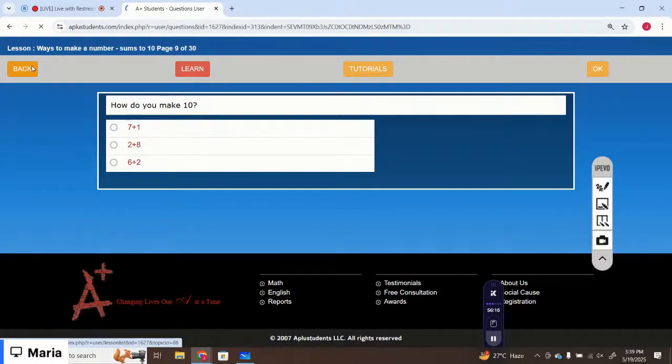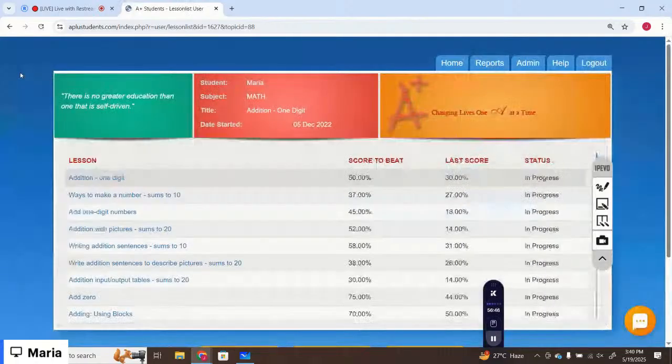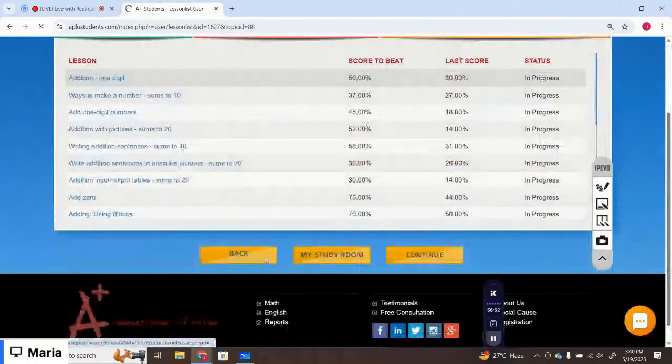Then we have started with the chapter addition. The lessons we have covered today are addition one digit and ways to make numbers, sums to 10.